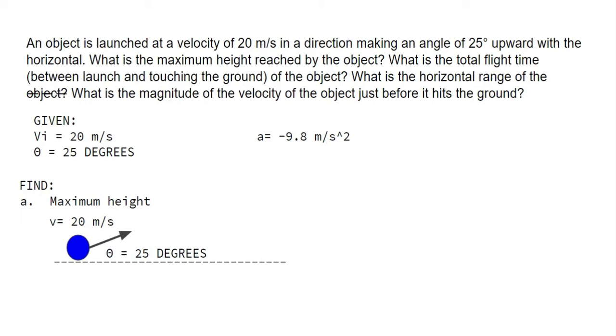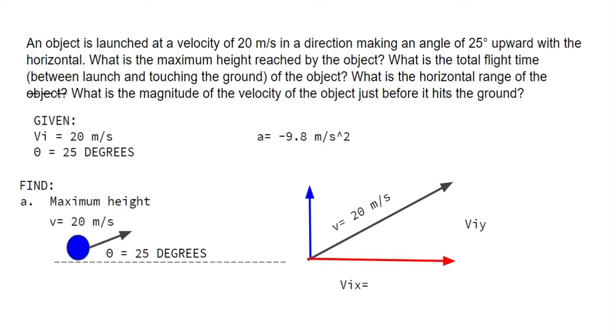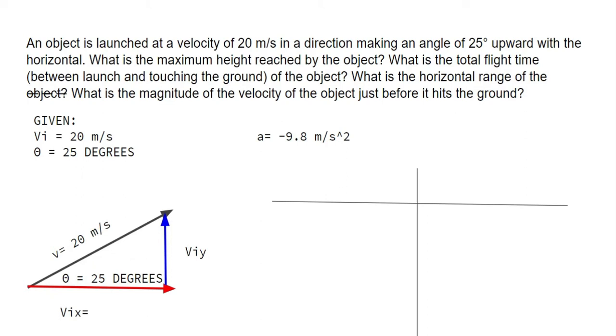It means we should separate its vertical and horizontal components as shown here. So here is your vertical component, here is your horizontal component, and here is your angle. Again, we should find the horizontal and vertical components of the velocity.